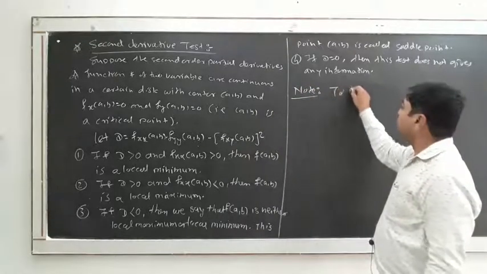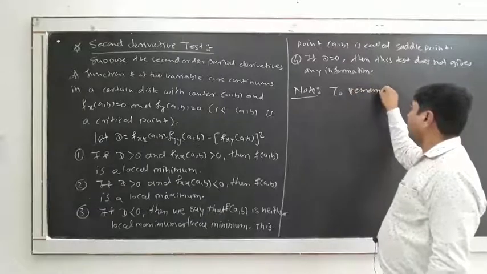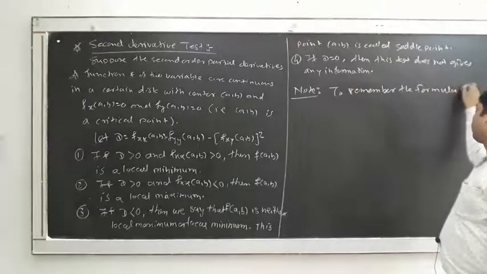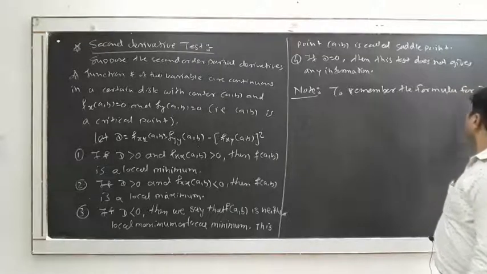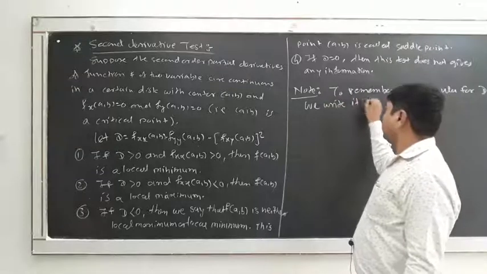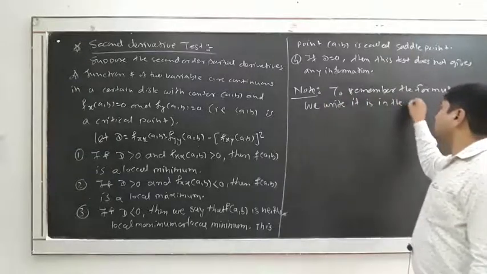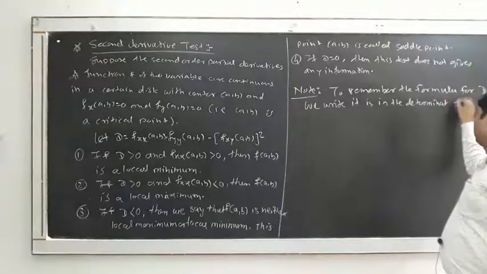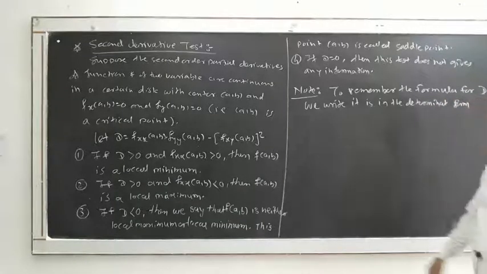Okay, so we write one note to remember the formula for D. We write it in determinant form. How do we write this formula?